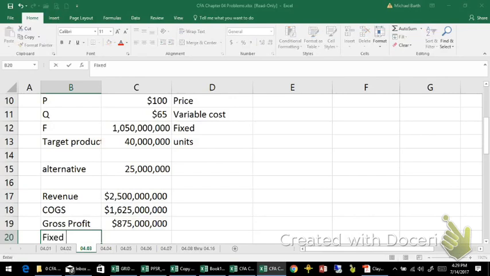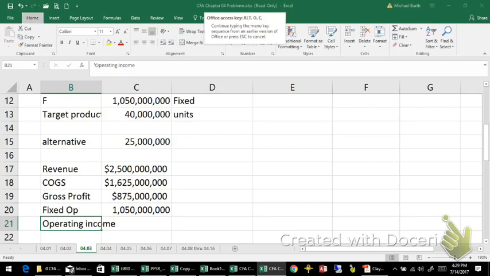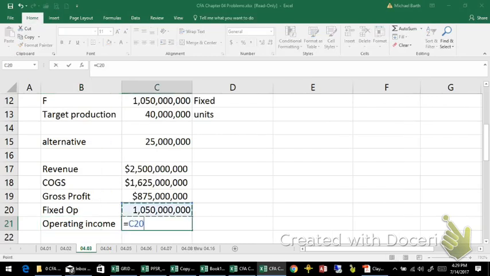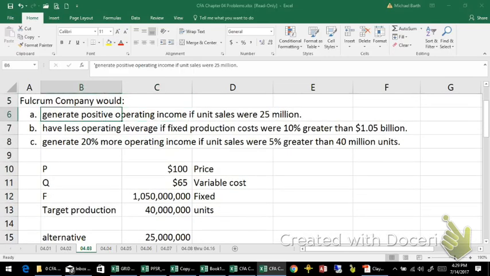The fixed operating expenses would be $1.05 billion, and that'd give me operating income of negative 175 million. So we can immediately rule out A. A is not true. 25 million units wouldn't get it.